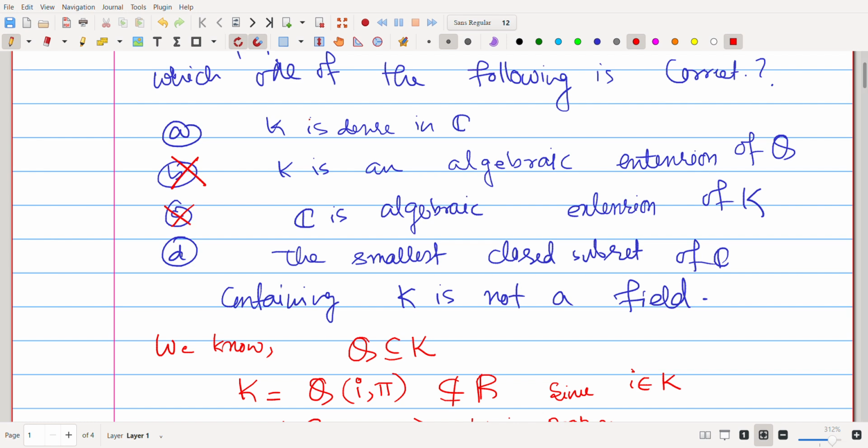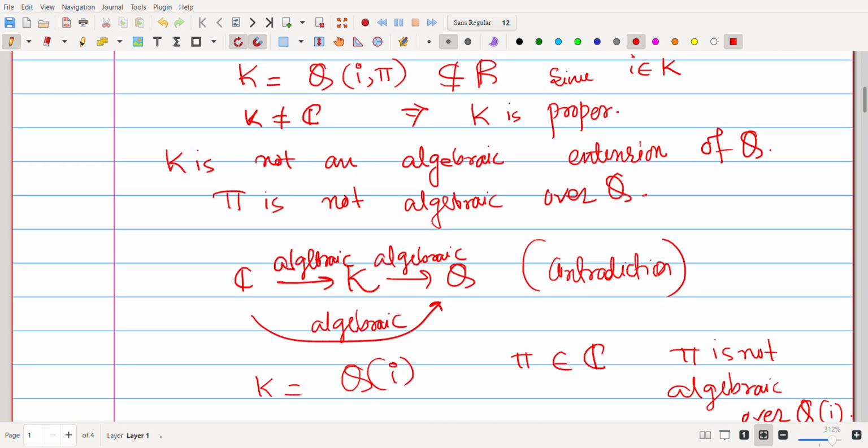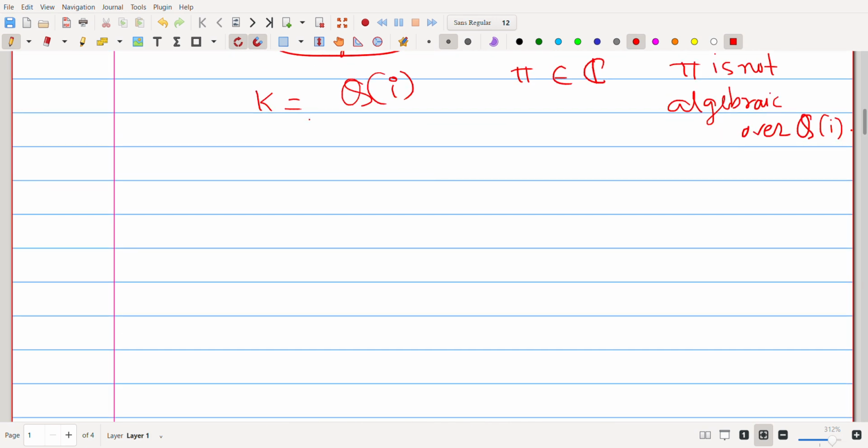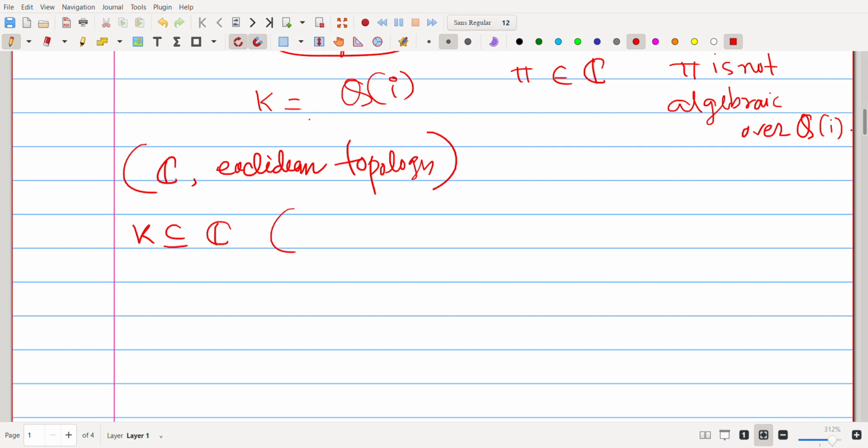Now I'm going to show that K is dense in C. It is a very interesting result that K is dense in C, and the proof is very simple. So how can I prove that? We have C with the Euclidean topology, and K is contained in C, a proper subfield.